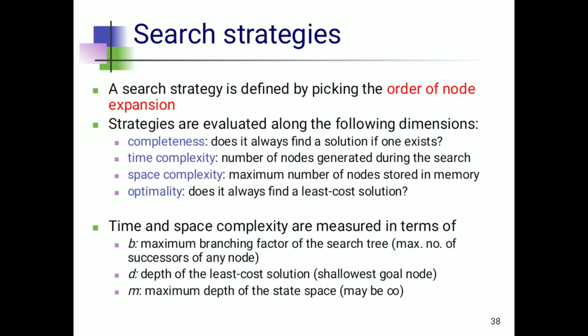This is again a very important criterion. So whenever we decide on a strategy, we need to focus on these important characteristics: whether that strategy is complete, what its time complexity is, what its space complexity is, and whether it will give me an optimal solution or not.